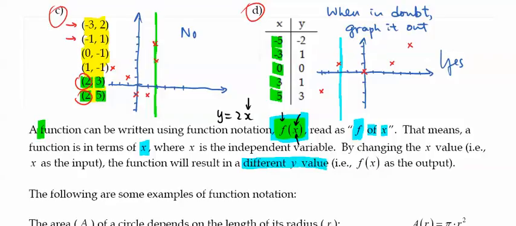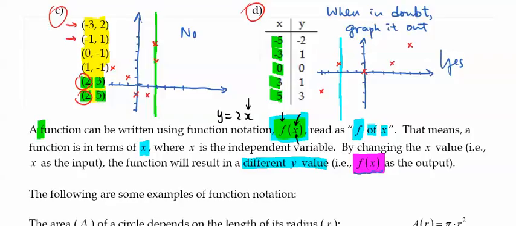And that will be your output. So f of x together is considered as one thing. We are not going to split up the f and the x. F of x together means one single notation. This is not the same as f times x. They mean different things. Do not consider this as multiplication.